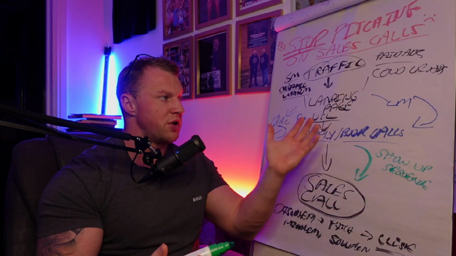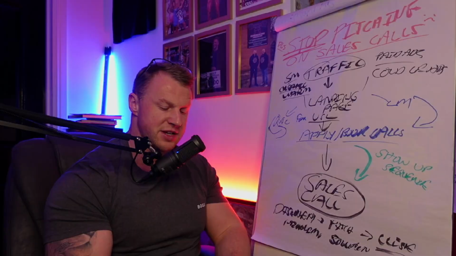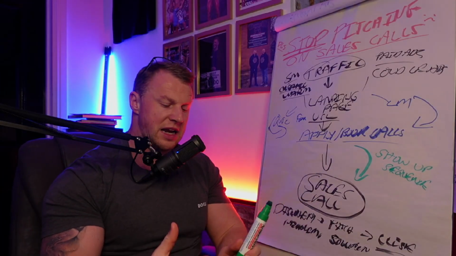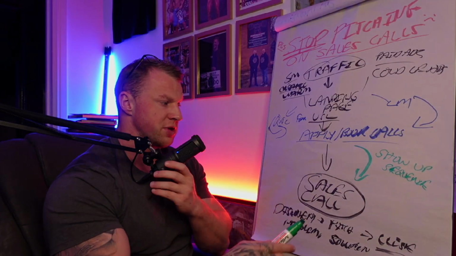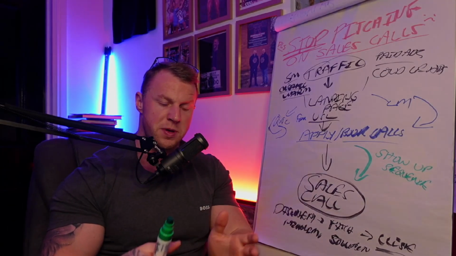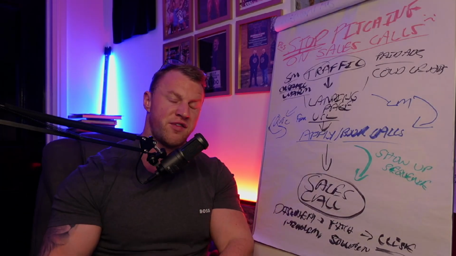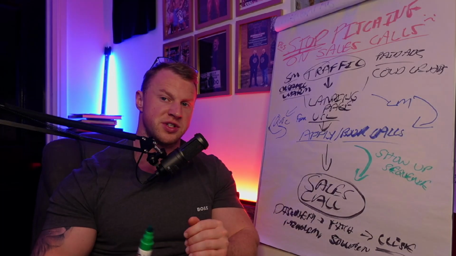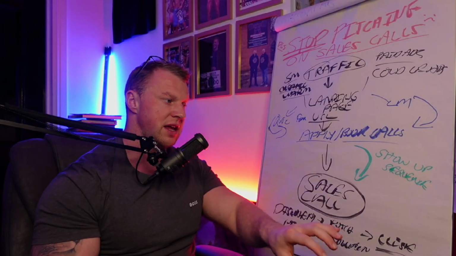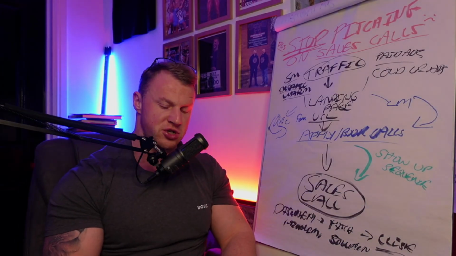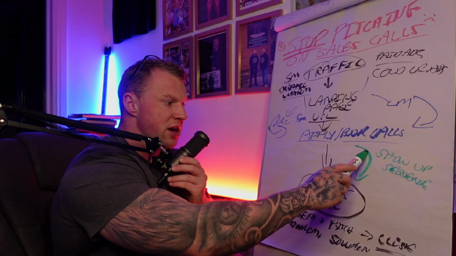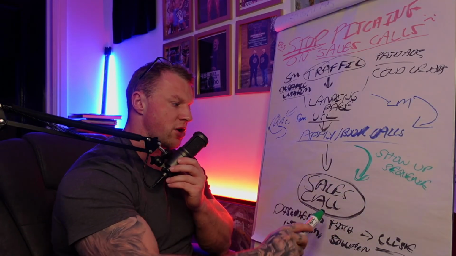So just like you would at any point, nurture them with emails and SMS automations. Ideally you want to make it as tailored as possible to the individual that's filled in the form, depending on how they've answered the questions on that form. Whatever quiz or multiple choice questions you've got, you should retarget them differently with all of the emails and automations you've got set up. That's going to increase the likelihood that they show up to that call.